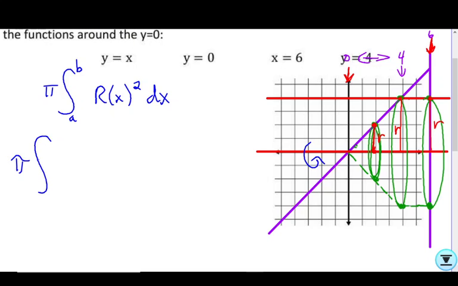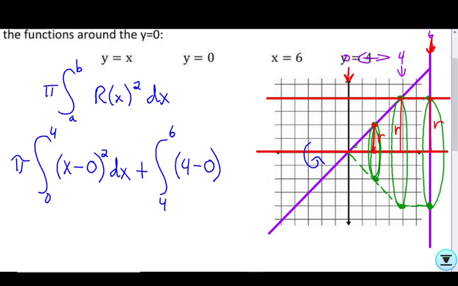I'm going to have this one from 0 to 4, where my top function is x and my bottom function is the x-axis, which is 0, dx. Then I have my second integral from 4 to 6, where my top function is y equals 4, and the bottom function is the x-axis.